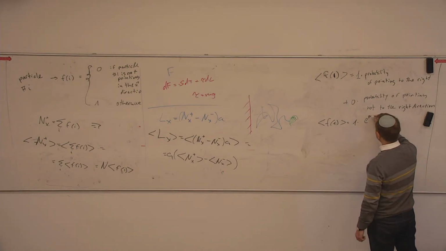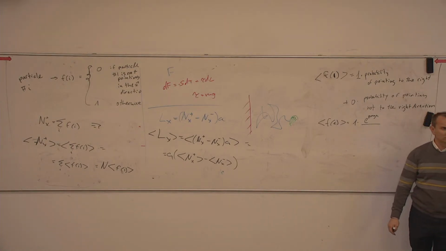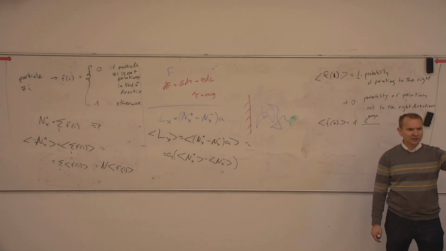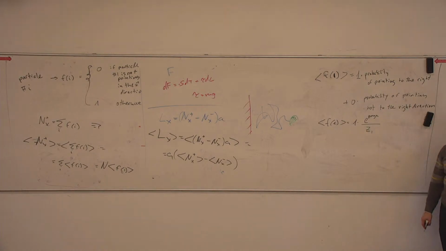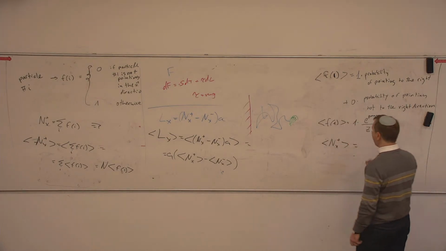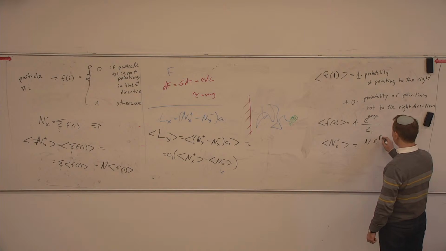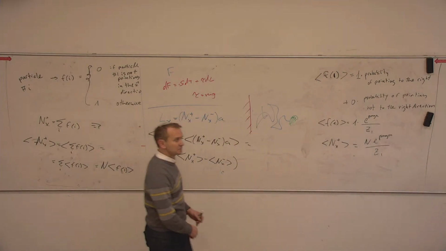So here I'm going to have e to the beta mga, divided by, since I'm looking at one single particle, the partition function of this single particle, z1. So I know that the average of nx plus is n multiplied by e to the power beta mga divided by z1. Let's do the same thing for nx minus.